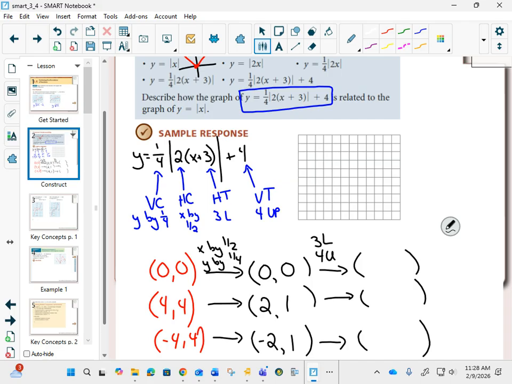So I multiply my x coordinates by a half. I multiply my y coordinates by 1/4. Now I'll do my x coordinates here. 3 to the left. So that'll be minus 3, minus 1, minus 5. 4 up, 4, 5, 5.